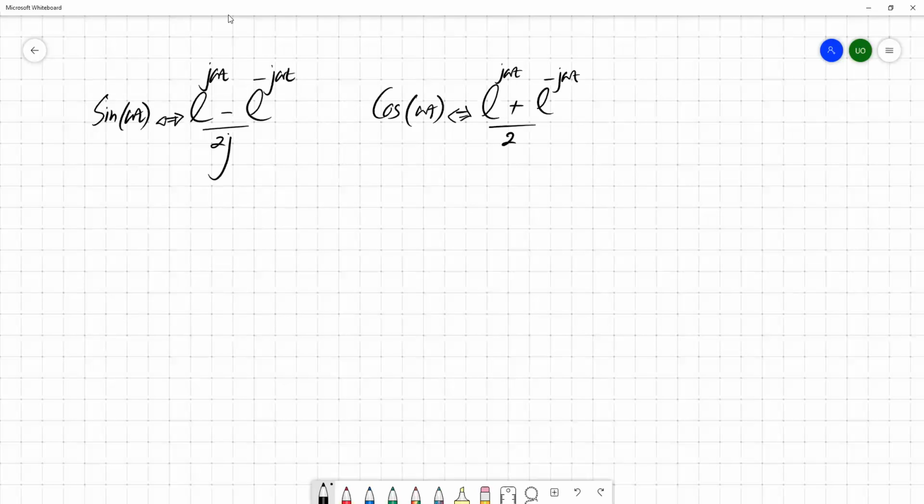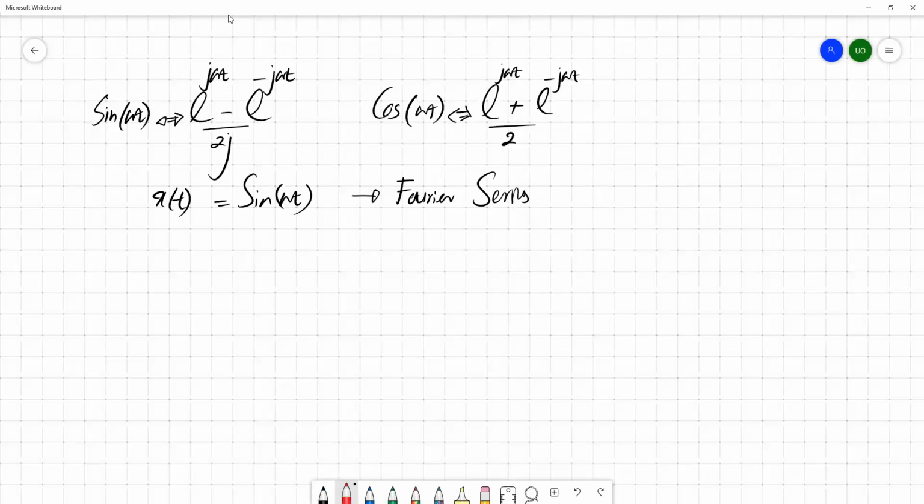This is very useful because, if you remember, one of the examples in Fourier series asked: if your x(t) is sine omega t, evaluate the Fourier series.